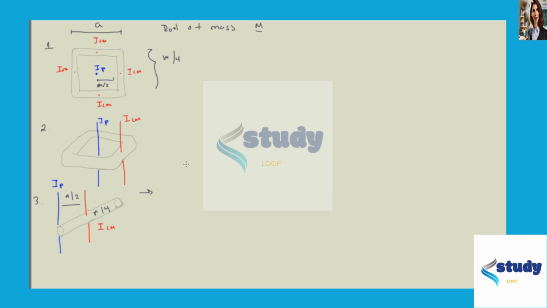So first, notice that we know the moment of inertia through an axis in the center of a rod, which I'm going to call I of the center of mass, is 1/12 of the mass times the length squared.